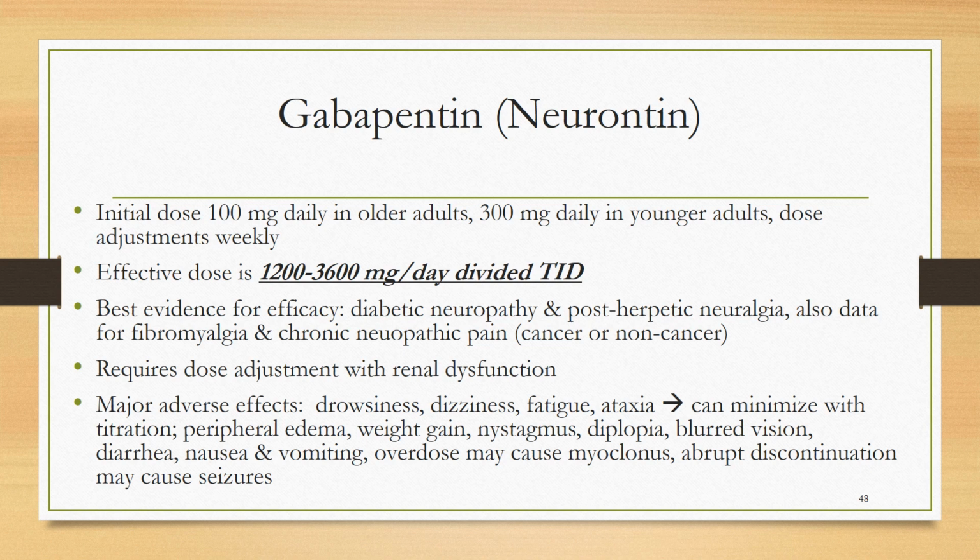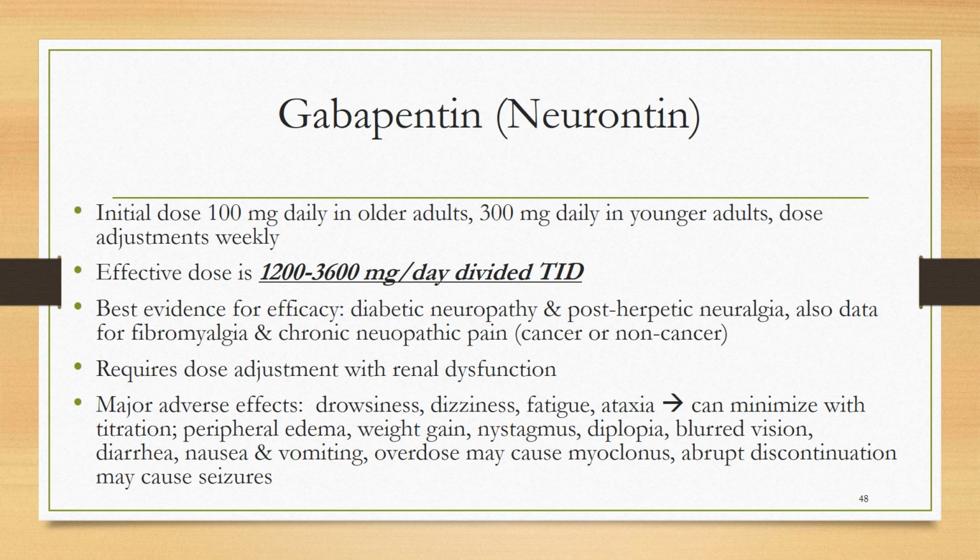So that ataxia is basically slowing down of the motor skills. And so, you start with a lower dose, and the theory is that starting at a lower dose, you minimize that side effect. The effective dose is anywhere from 1,200 milligrams to 3,600 milligrams divided 3 times a day.